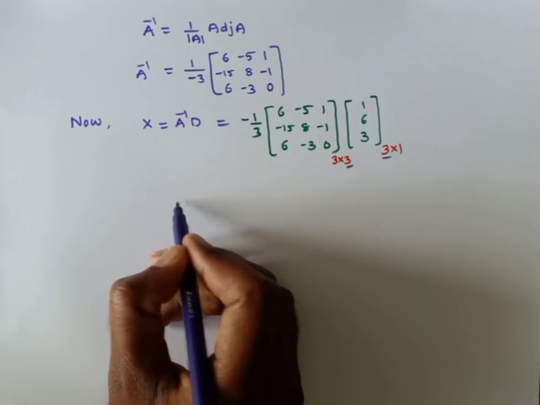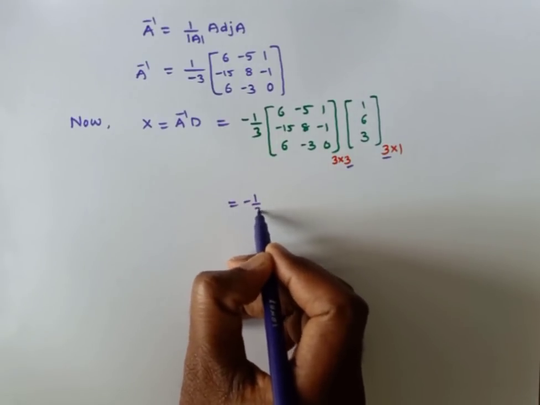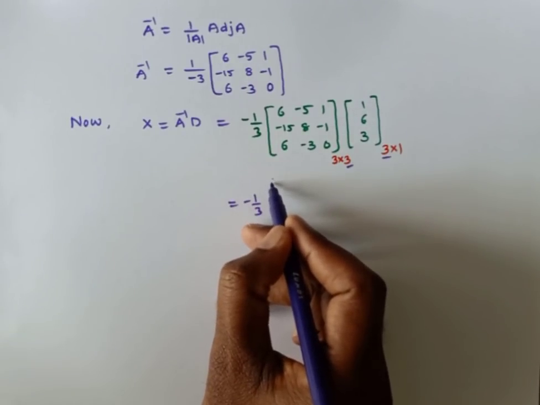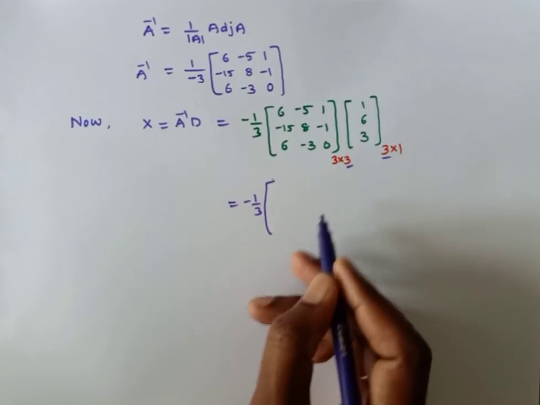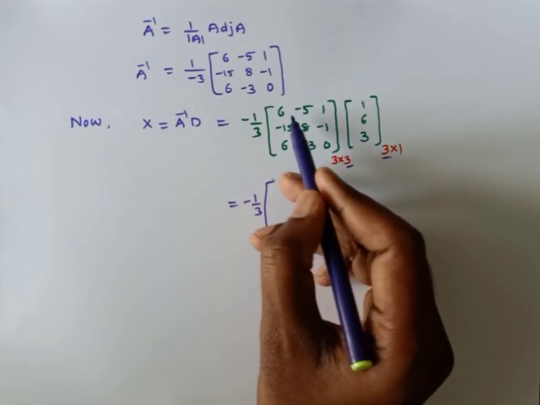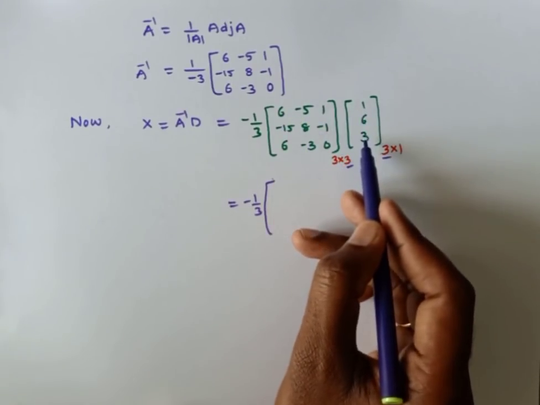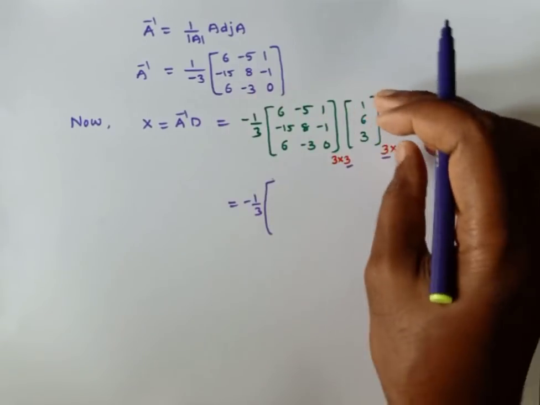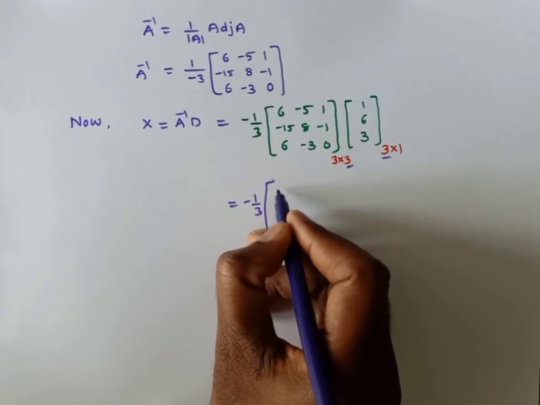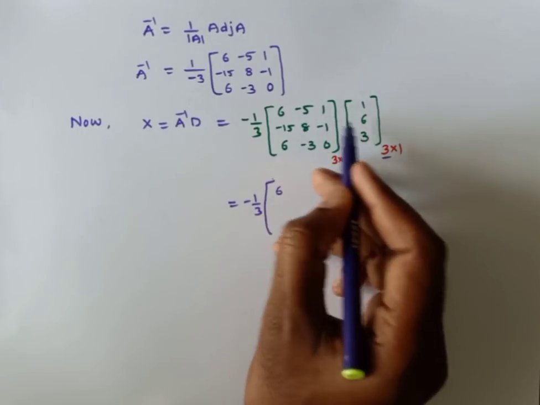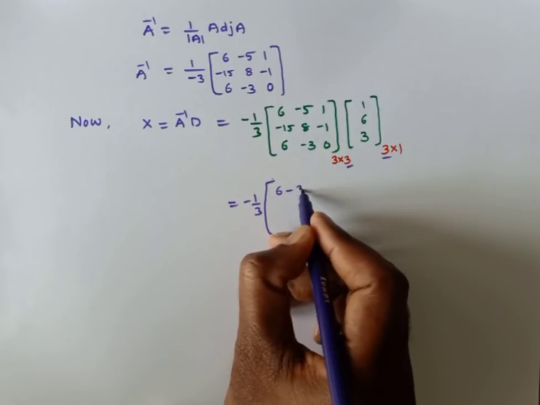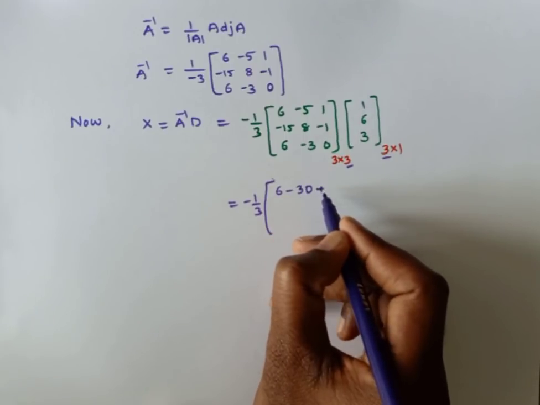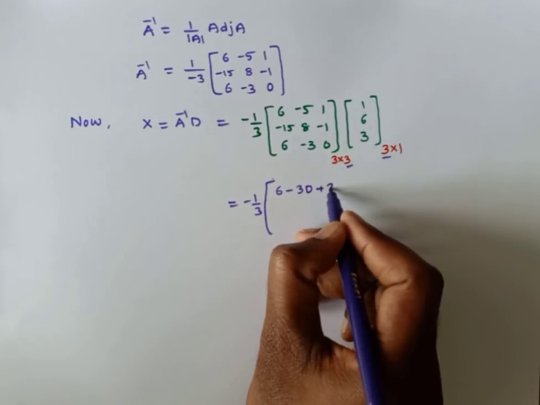Now, X is equal to minus 1 by 3 times a 3 by 1 matrix. Multiply the corresponding elements of each row with the column. So it is 6 into 1, 6, minus 5 into 6, which is minus 30, plus 1 into 3, that is 3.